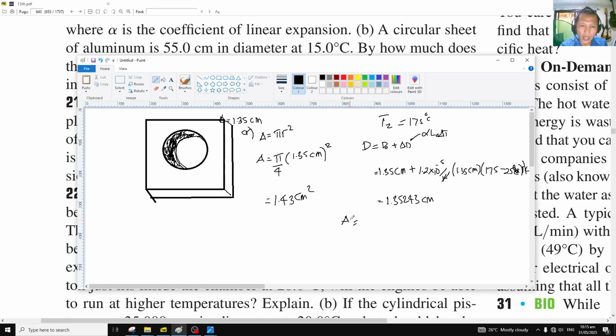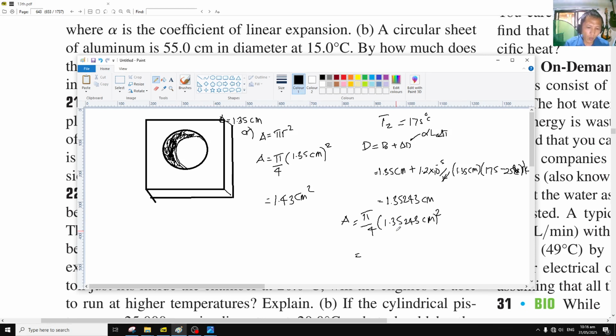So you can compute your new area to be pi over 4 times 1.35243 centimeter squared, so that is square centimeter. So pi times 1.35243 squared divided by 4, and that will give you 1. Oops, I made a mistake. 1.35243. I made a mistake again in writing it. 1.35243.